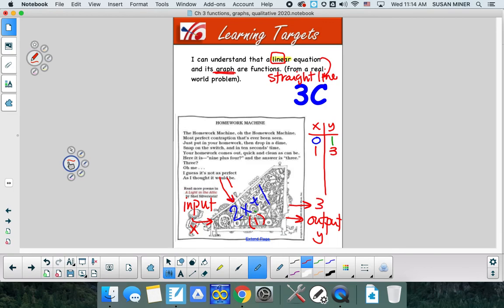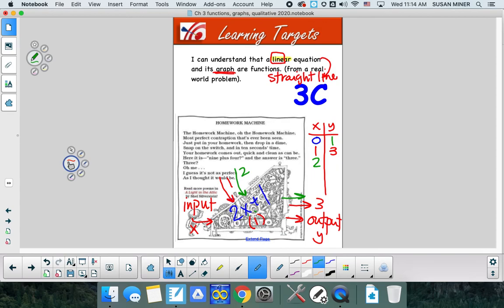So now my output is a 3. What if this time I put in a 2 for x? This is how we collect data. We put a number into our function machine and we get a number out.